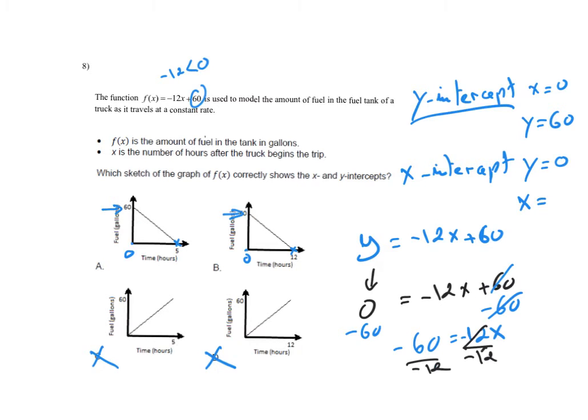Negative over negative is positive, so 60 divided by 12 gives us 5. So x will be 5. The x-intercept, when y equals 0, is x equals 5. So the answer will be A.